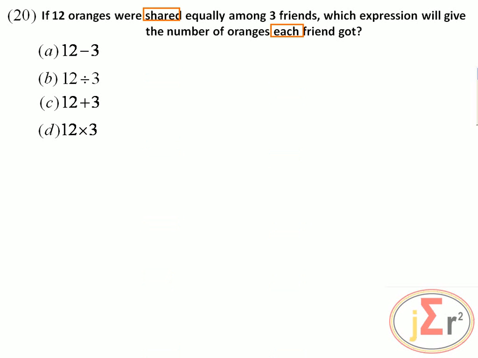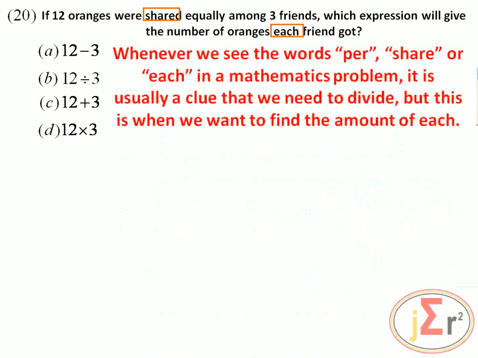Shared and each. 12 oranges were shared, but shared is not so important as equally. So equally among 3 friends, which expression will give the number of oranges each friend got?